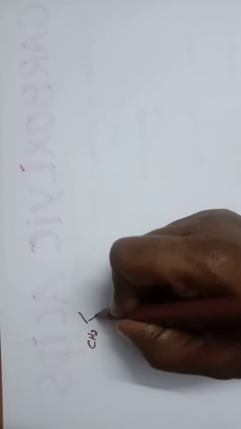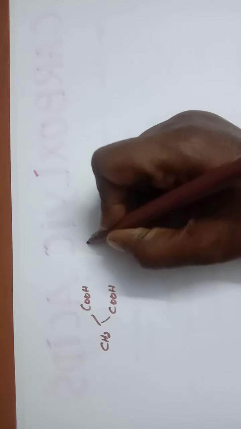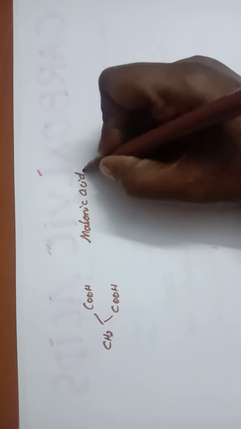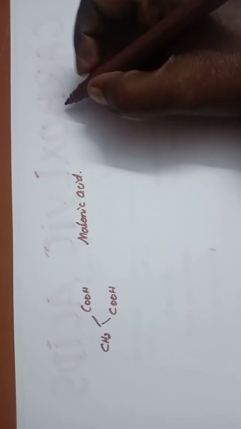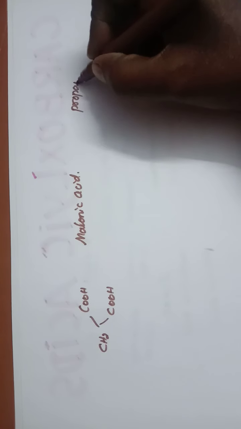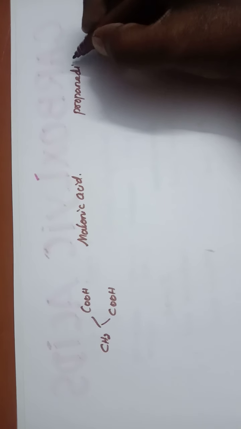Next compound is CH2 COOH COOH. Common name is malonic acid. IUPAC name is propane dioic acid.